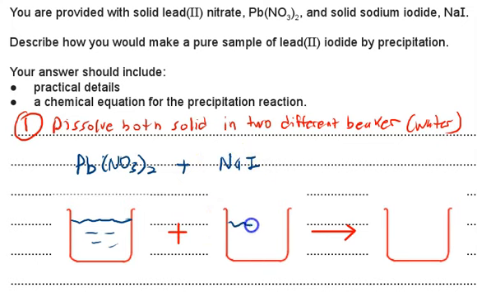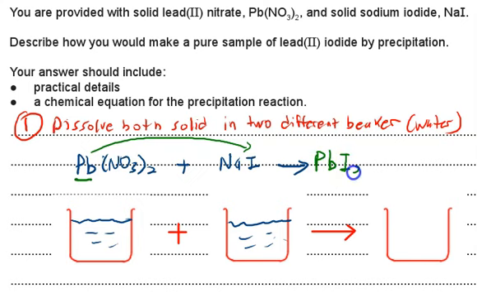Then the plumbum will be combining with iodide, so it will become plumbum iodide, lead 2 iodide, and the sodium will be combining with the nitrate, so you will have sodium nitrate.